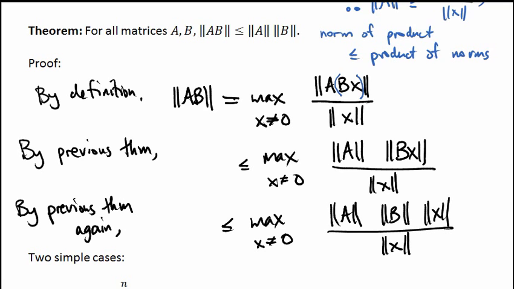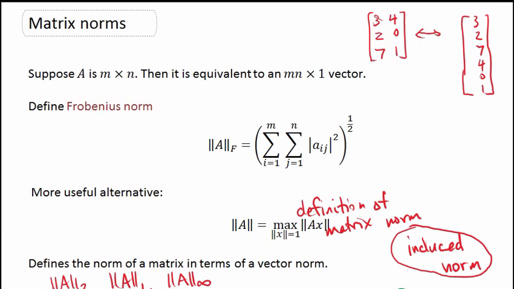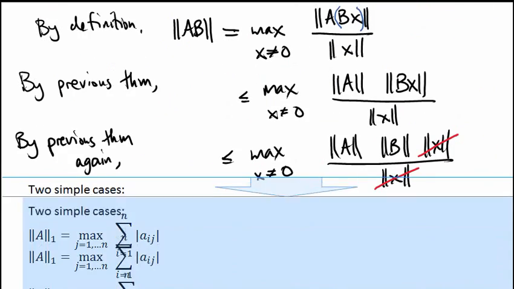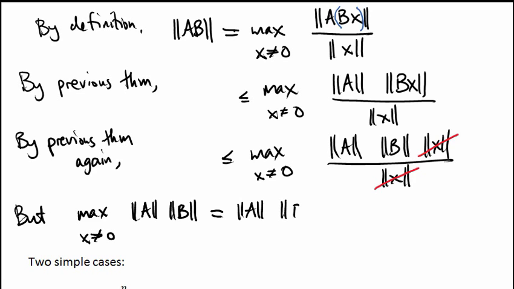Now we have norm X in the denominator. It cancels out. Now we're taking the maximum over all the different possible X of the quantity norm A, norm B. Well, there's no dependence on X at all, so the maximum is just the product of the norms.